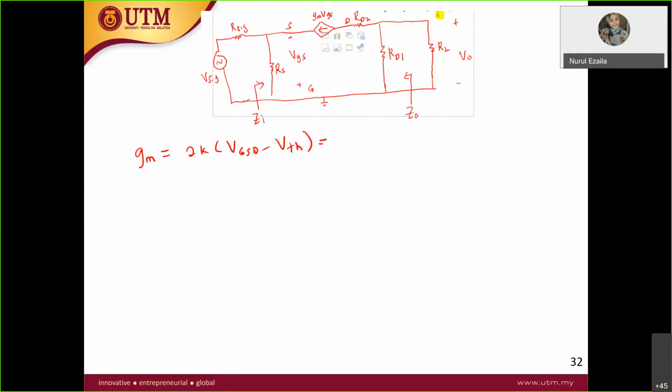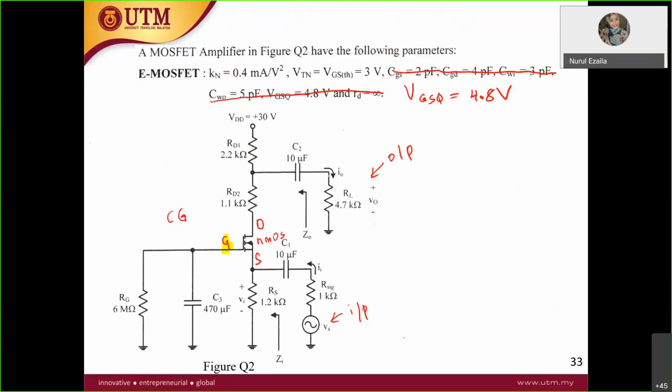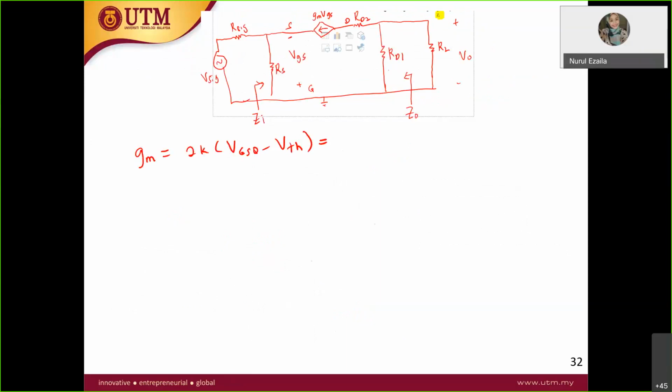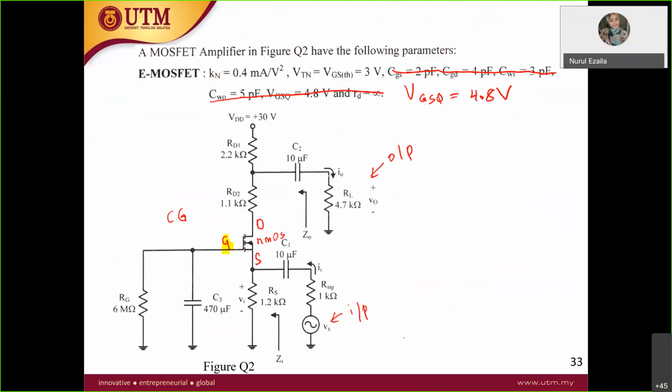K is also given, so K is 0.4 milli. So 2 times 0.4 milli times VGS, which is 4.8, minus VTH, which is 3 volt.